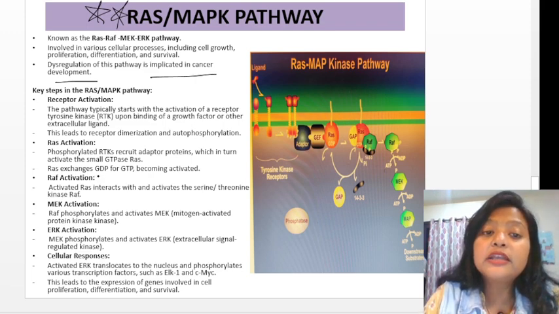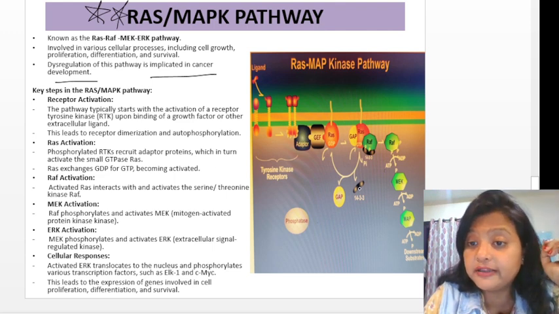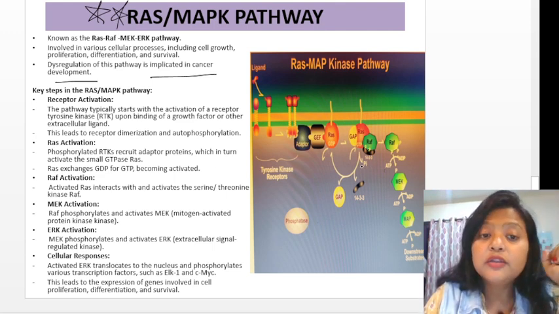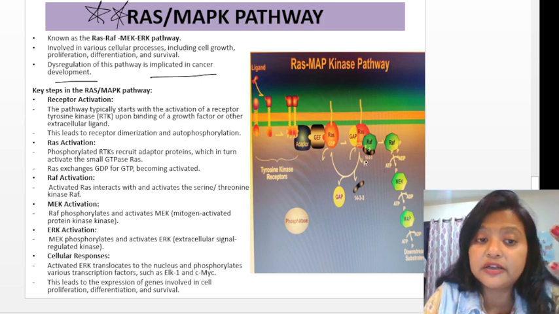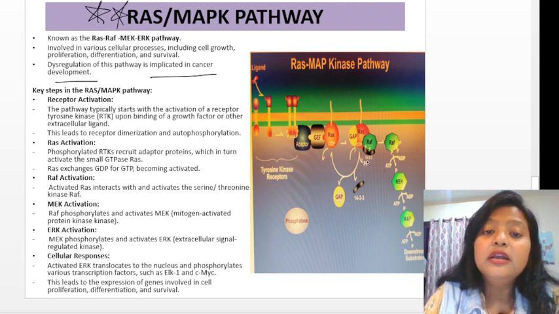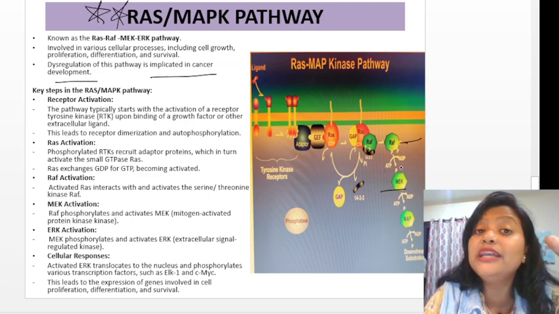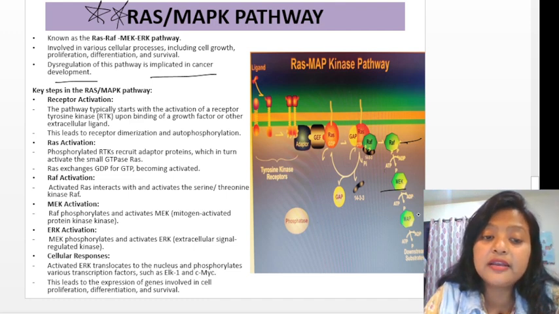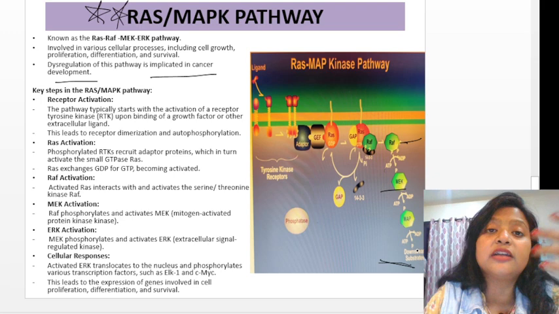So remember कि जो आपका RAS, ओके, यहाँ पे देख सकते हैं आप, RAS से जब RAF होता है तो क्या होता है कि there is a conversion of GDP to GTP, okay. तो जब ये होगा तो ये एक्टिवेट हो जाएगा, एक्टिवेट होके RAF formation होगा, RAF को एक्टिवेट कर देंगे। तो एक बार RAS एक्टिवेट हो गया, फिर RAS के बाद RAF एक्टिवेट होगा, after RAF again MEK एक्टिवेट होगा, you can see the process out here, ओके। Now MEK क्या है, mitogen activated protein kinase, ओके। तो after ये MEK activation हो गया, it will lead to ERK activation, ओके। Then again ERK के बाद क्या होगा, आपका cellular responses, और you can say downstream processes.